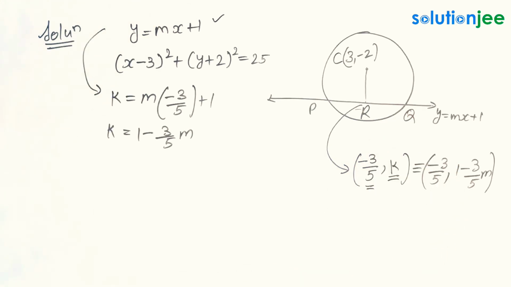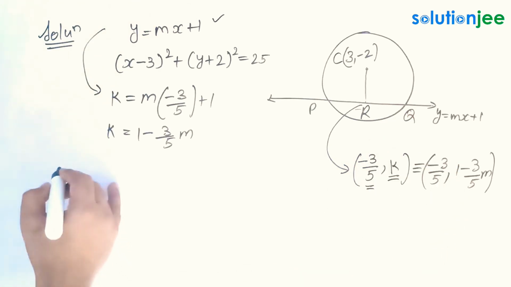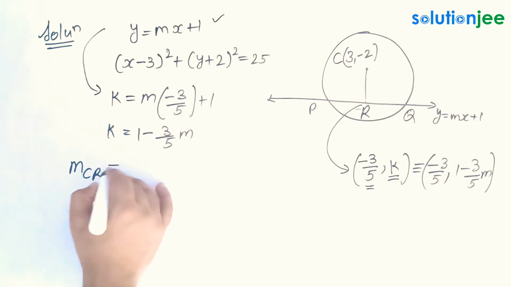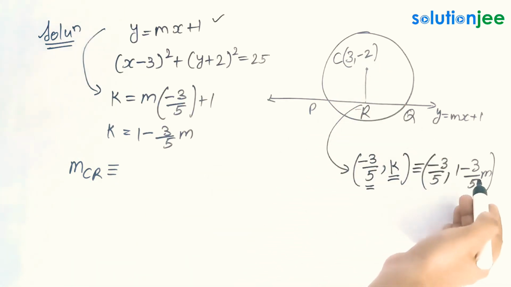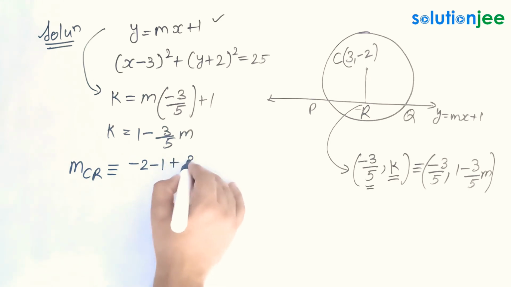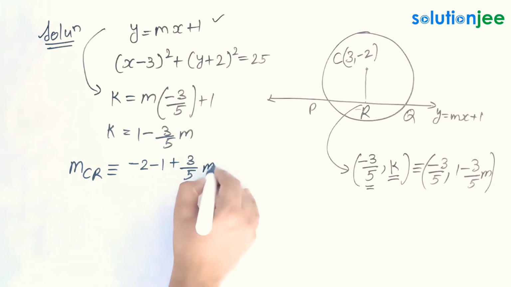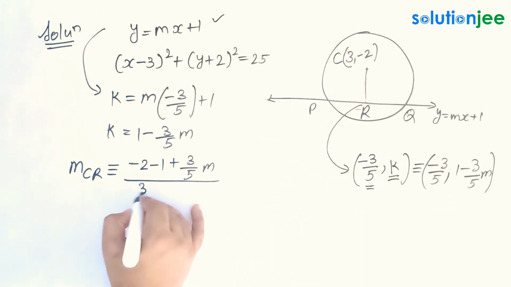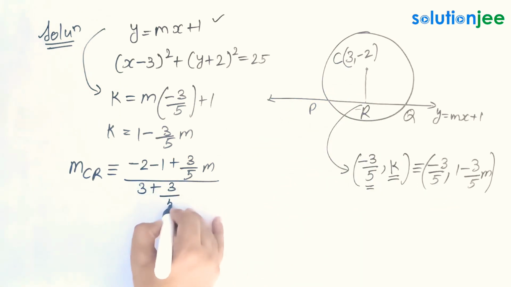Now what is the slope of line CR? It will be (minus 2 minus 1 plus 3 by 5 m) divided by (3 minus this), so it is 3 plus 3 by 5.